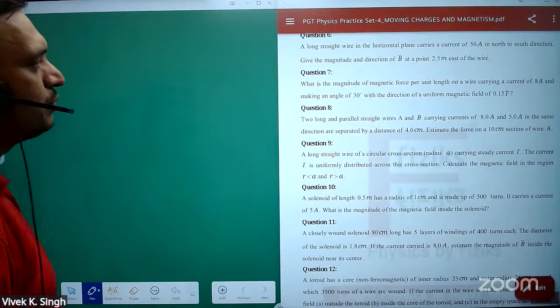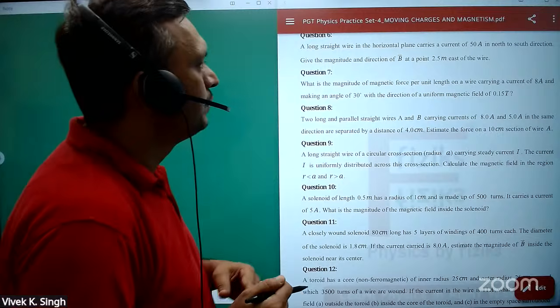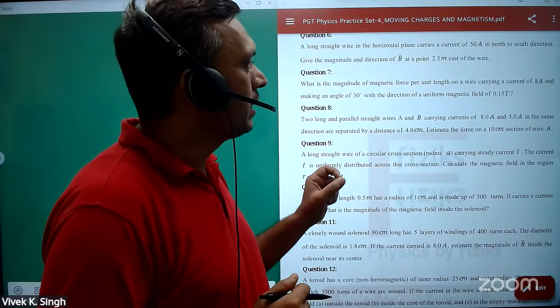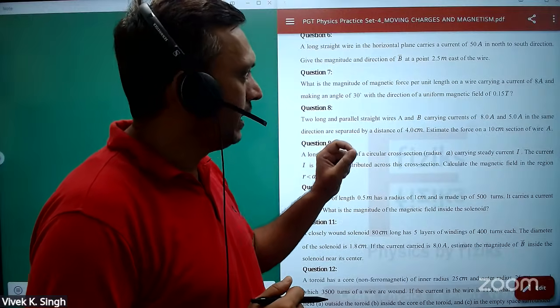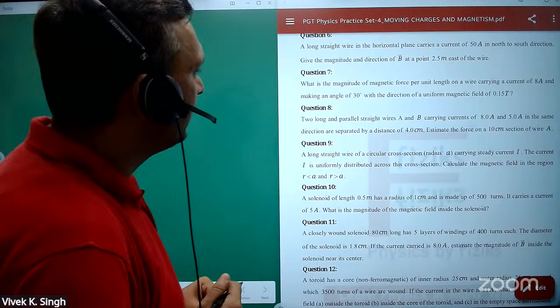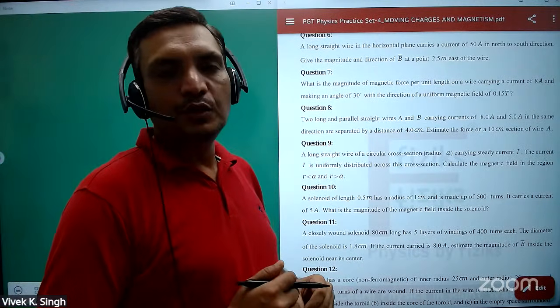Question number 7 is what? What is the magnitude of magnetic force per unit length on a current carrying wire of 8 ampere, making an angle 30 degree with the direction of the uniform magnetic field?